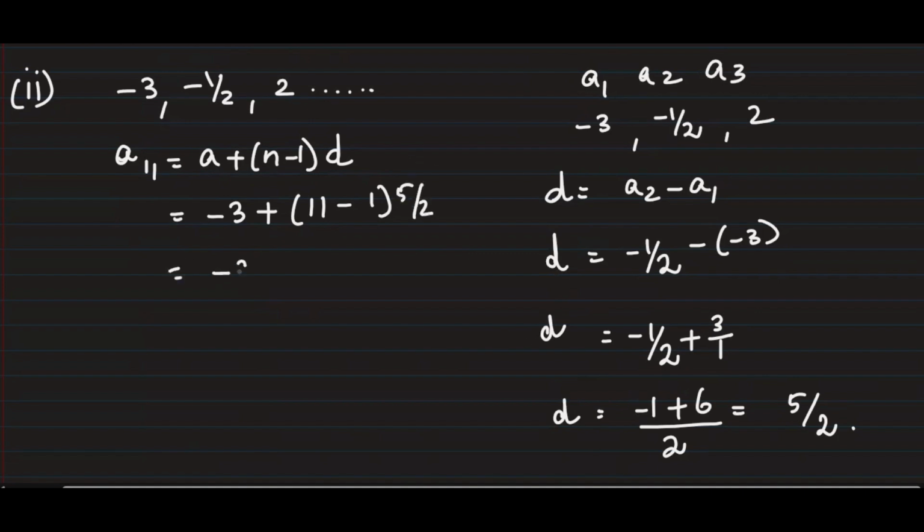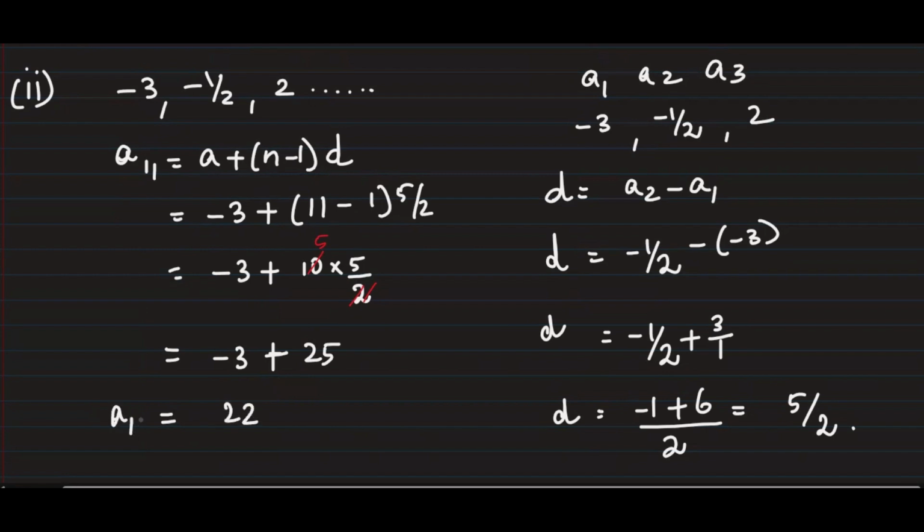So let's simplify. Minus 3 plus (11 minus 1) becomes 10. So 10 into 5 over 2, which is equal to minus 3 plus, now cancel this. 2 and 10 you can cancel, that will become 5. So this will become 5 into 5, which is 25. So minus 3 plus 25 will become positive 22.